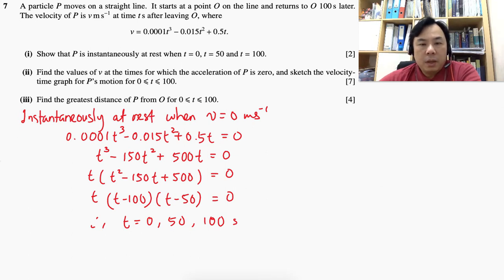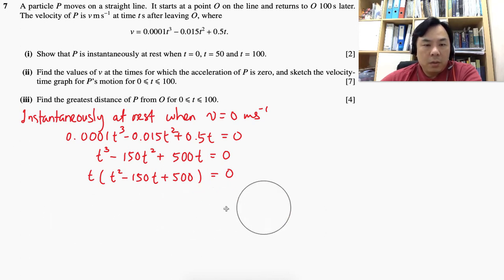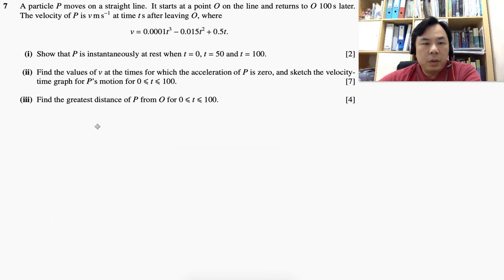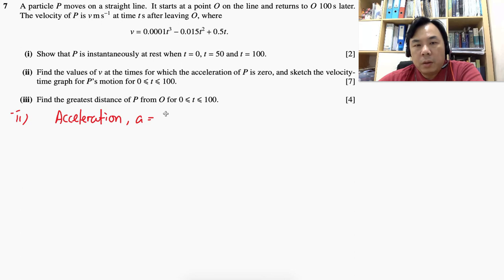Now we're going to look at the second question here. Let me erase all this, we don't need this anymore. Now let's prove the first part. Find the value of v at the time for which acceleration is equal to 0. Acceleration a is given by the rate of change in velocity, which is dv/dt in this case.